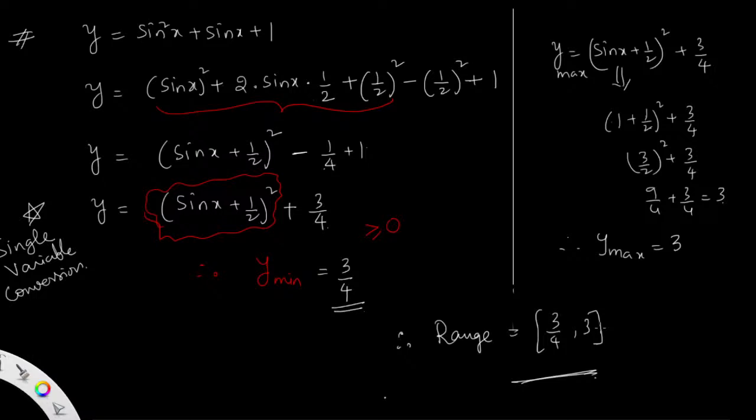Okay, a similar concept question is there. I will give a similar concept question. How many members can solve this one? So the next question is f of x equal to cos square x plus sin power 4x.